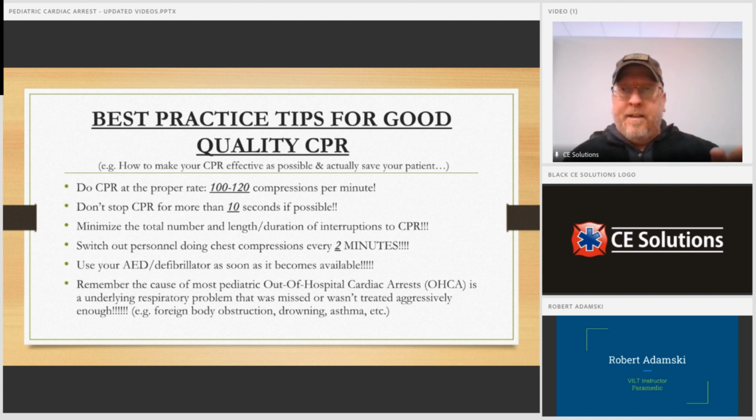These are the points that if you do all these things, you're going to provide the best quality CPR. All of this is best practice. This will teach you the most effective way to perform CPR. So we need to perform CPR at the proper rate, which is 100 to 120 compressions per minute.